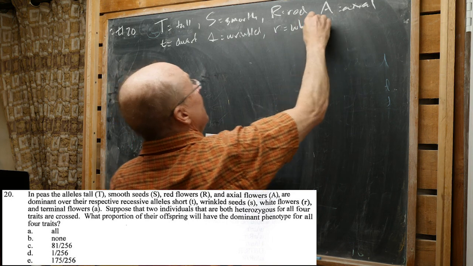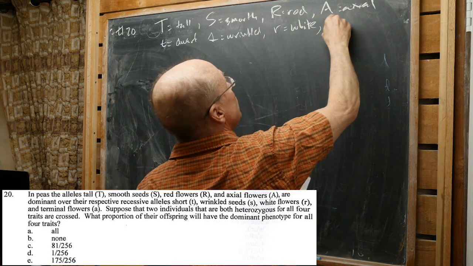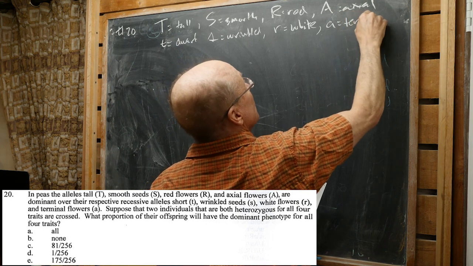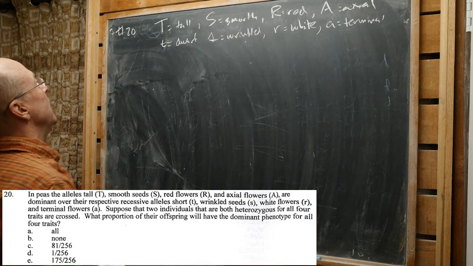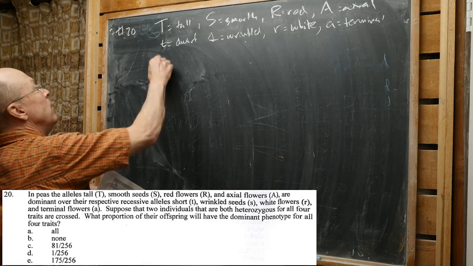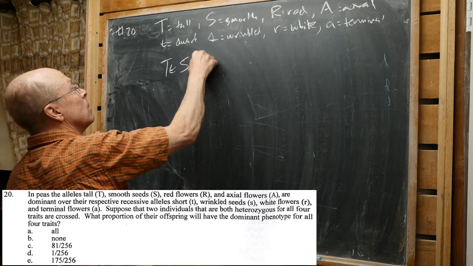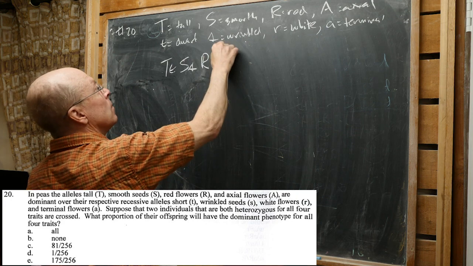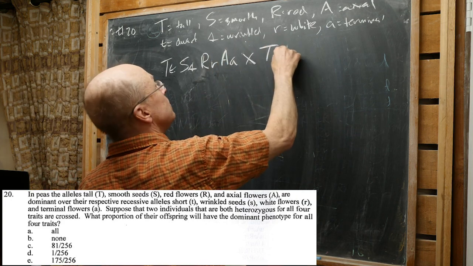And then finally we had lowercase a for terminal flowers. So these are two dealing with flowers. This is seeds, this is the plant itself. So there we have it. Suppose that two individuals that are heterozygous for all 4 are crossed. So I'm setting that up.